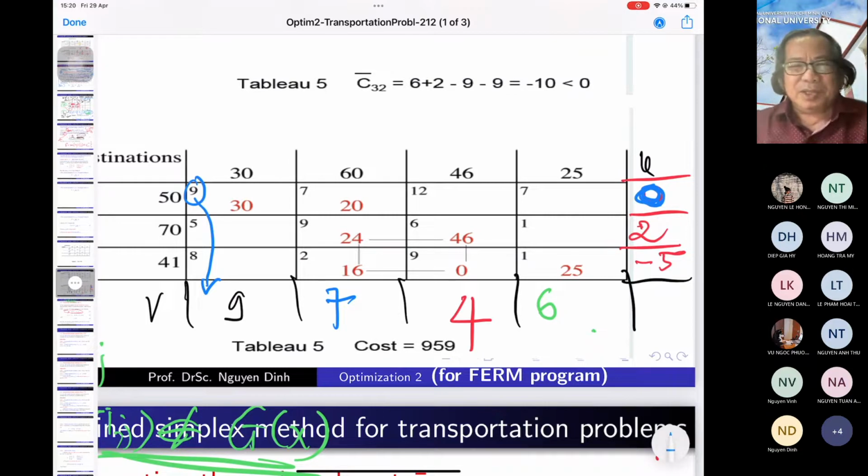Language is just like English and French. You say, I go to school, I go to university. We say in English, you go to school. In Vietnamese, tôi đến trường. In French is something else. But the idea is go to the university.